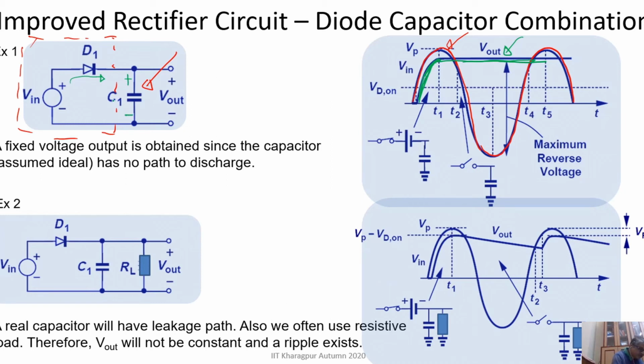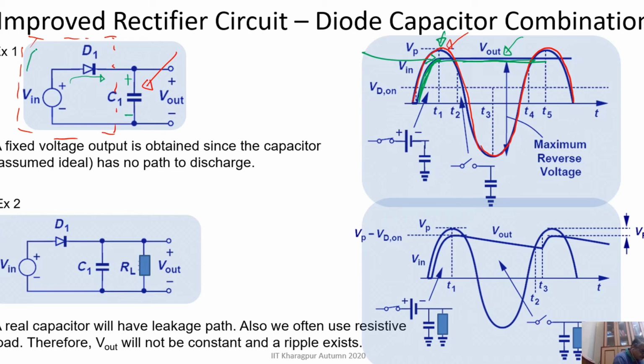Now once this peak point is crossed by the input signal, what will happen? The diode will be reverse biased. Why? Because this V in has charged this capacitor up to this voltage here. So if the input voltage reduces, then this Vd on will not be maintained.